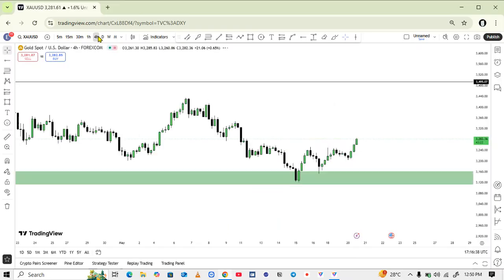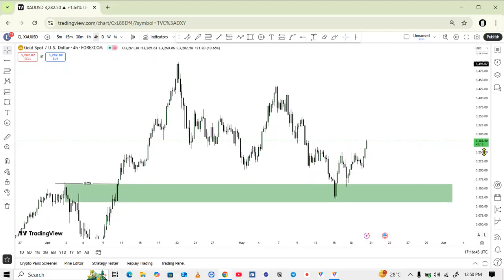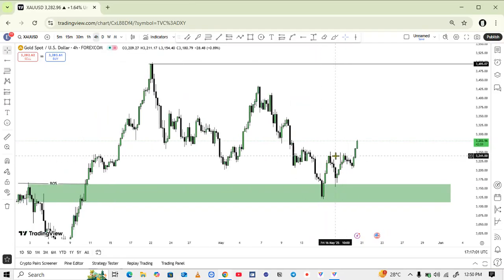Now, the 4-hour time frame, which is our big boy time frame, is the time frame that is going to tell you whether you are going to buy or whether you are going to sell. In other words, the higher time frame is going to tell you whether price is ready for a buy movement or a sell movement. Now, when I went to the 4-hour time frame, what did I see?